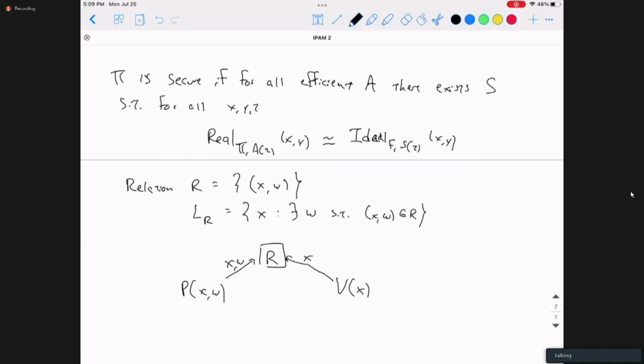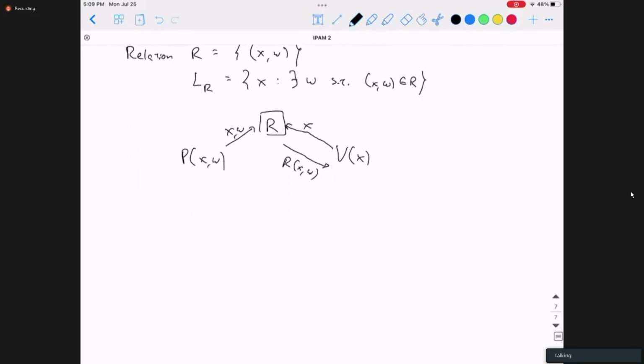In that case, this functionality is going to simply check whether that pair xw is in the relation R. I'm going to overload notation and let R also denote the algorithm for determining whether or not that's true. Then it's going to return the corresponding value to V, so it's going to return R(x, w), which is equivalent to asking whether the pair xw is in the set R, that is, whether the pair xw satisfies the relation.